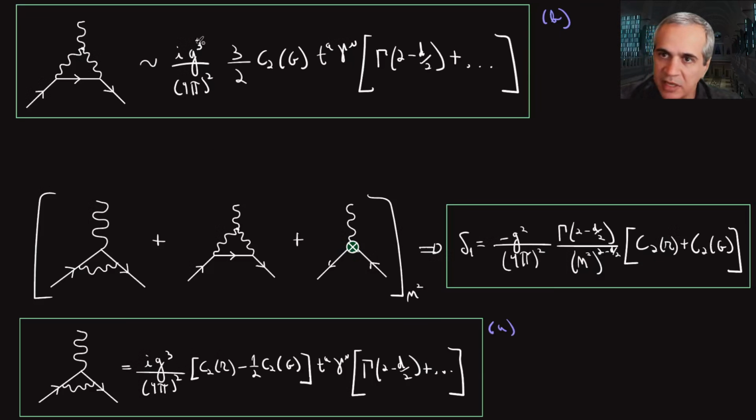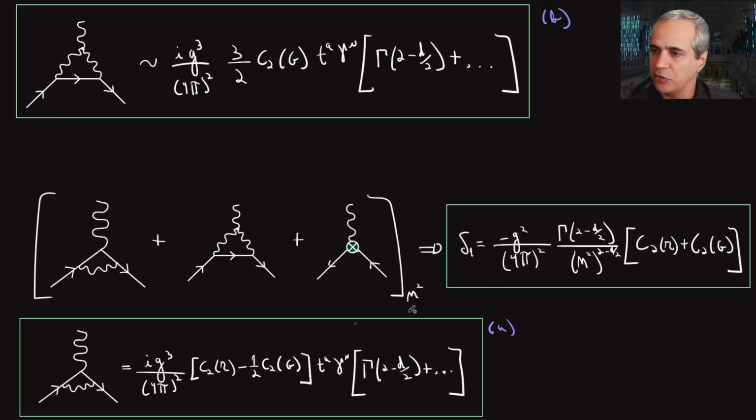I have these 3/2 of C2G here, which will be partially cancelled by this minus half, so you have just C2G positive, and the rest is the same.